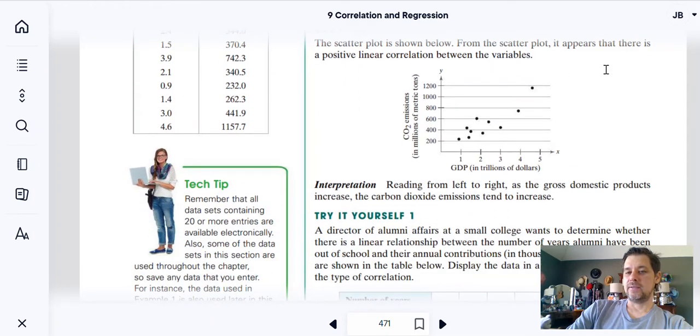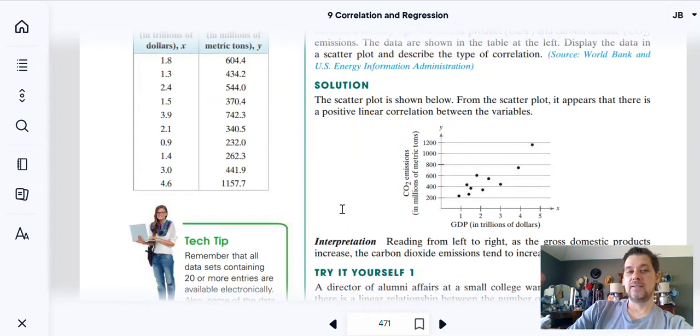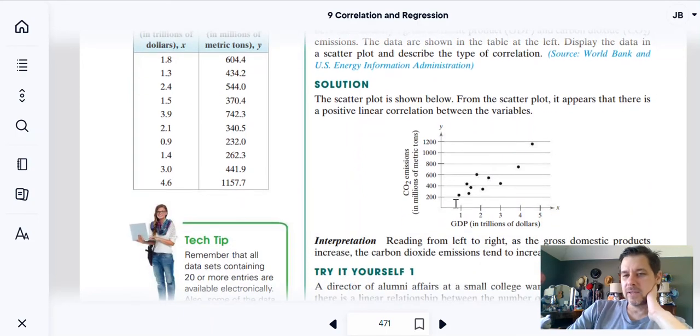And then when I look at this graph, every single point on this graph is one of these data points. We say that one value is the X value and it goes on the horizontal axis, and the other variable is the Y value and it goes on the vertical axis. So when I look at this dot right about here, that looks like it's probably this one, okay?